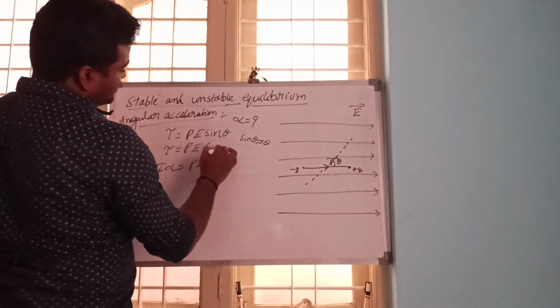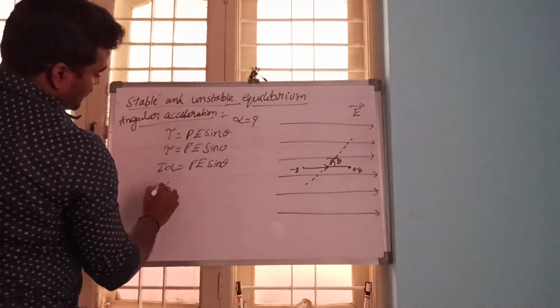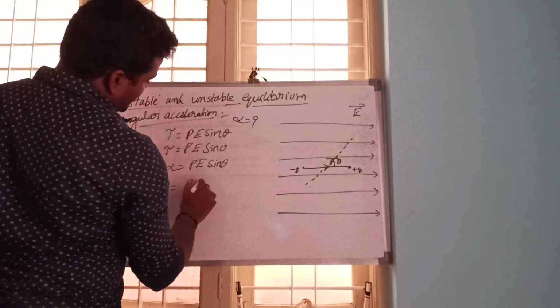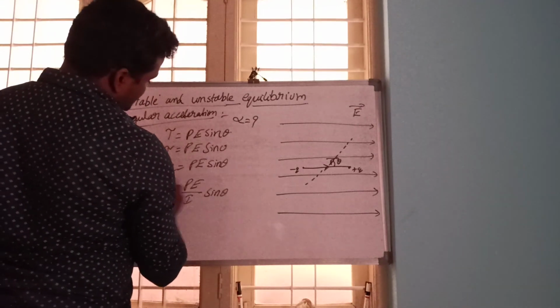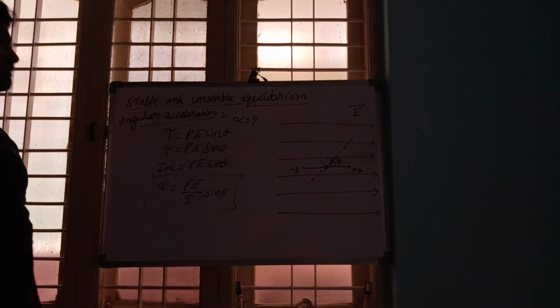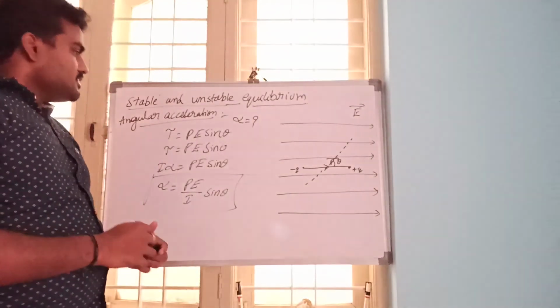We can keep sin theta, nothing will happen. PE sin theta, and alpha equals PE divided by I times sin theta. Like this we can find the angular acceleration of the given question.